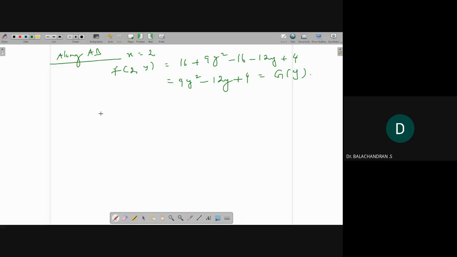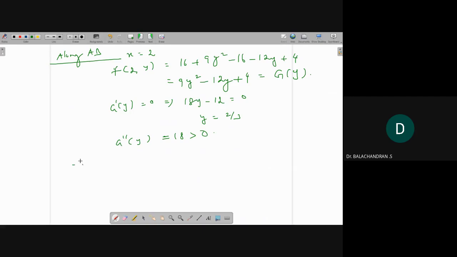Okay, please check it. Now, g dash of y equal to 0 implies 18y minus 12 equal to 0. So y equal to 2 by 3. Second derivative, g double dash of y equal to 18, which is greater than 0.